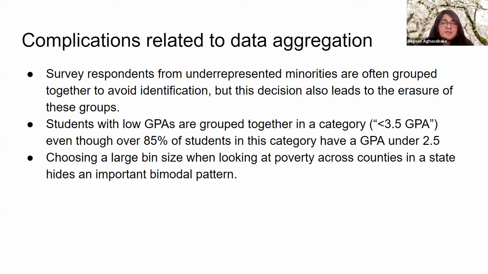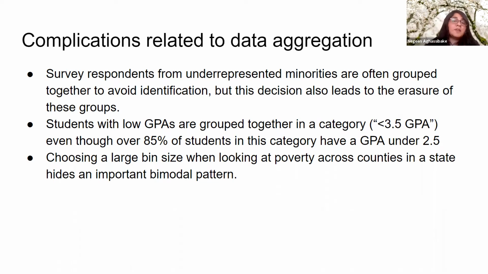Another example is students with low GPAs that are grouped together in a category, for example, below 3.5, even though over 85% of students in that category have a GPA of over 2.5 or under 2.5. Choosing a large bin size is another example when looking at poverty across counties in a state, which hides an important bimodal pattern.